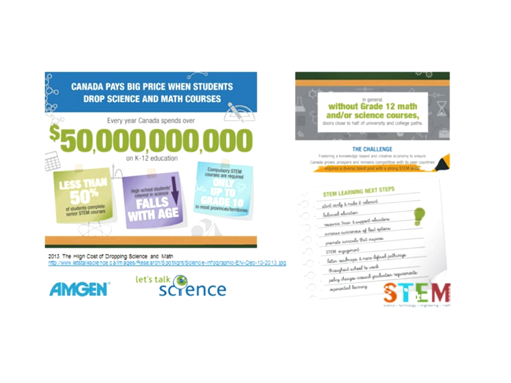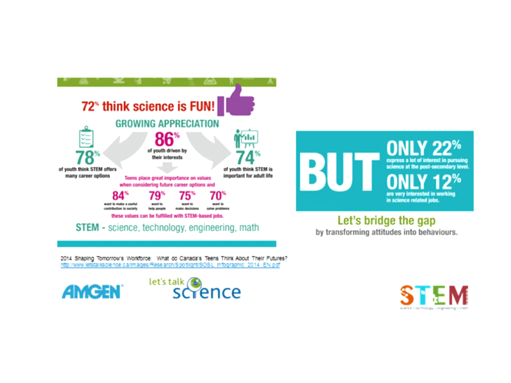And yet, when we look at career pathways and opportunities for our students, without a grade 12 math and or science course, doors close to half of university and college pathways. And so this is a growing concern, because we know that much of our opportunities for our students are in the STEM fields, and yet students are not pursuing them.